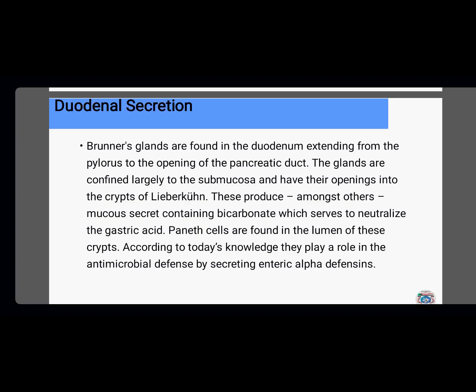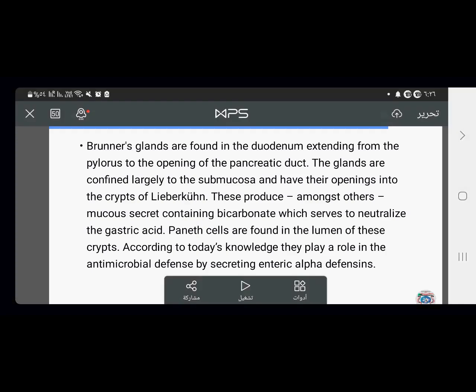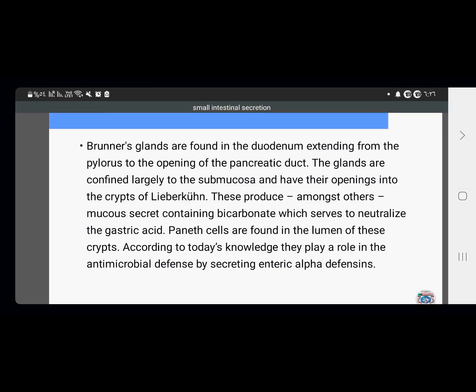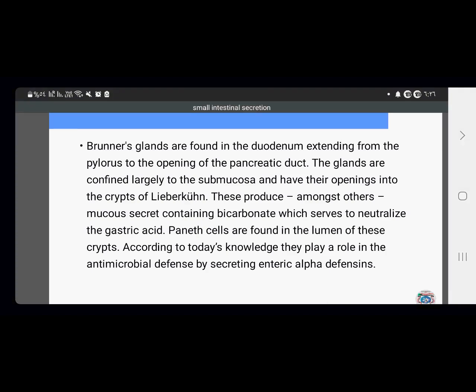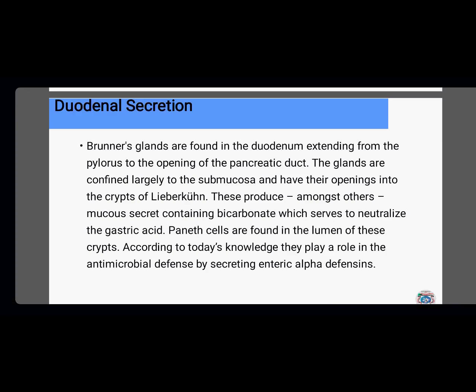This bicarbonate is so important to neutralize the acidity that comes from the stomach, because the first part of the small intestine, the duodenum, is rushed by the acidity from the stomach. This is why the Brunner's glands are so important, to prevent ulceration of the epithelial cells.